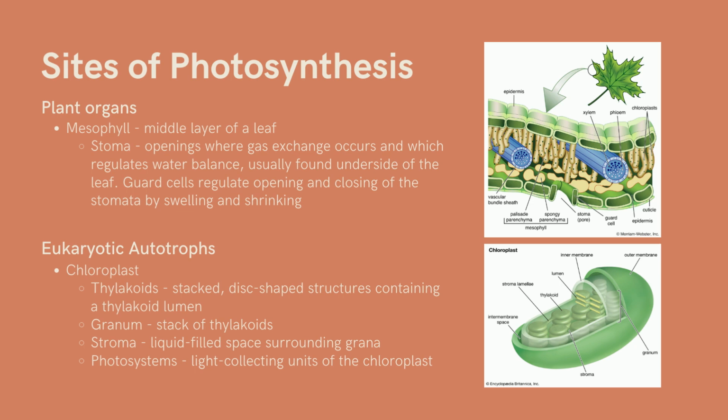This is where the exchange of carbon dioxide and oxygen occurs. Stomata are regulated by guard cells by swelling and shrinking, which regulates the opening and closing of the stoma.